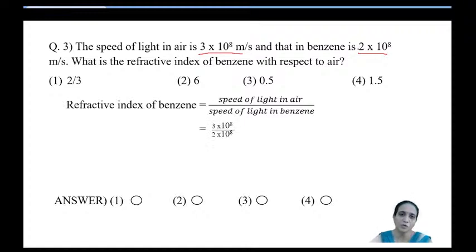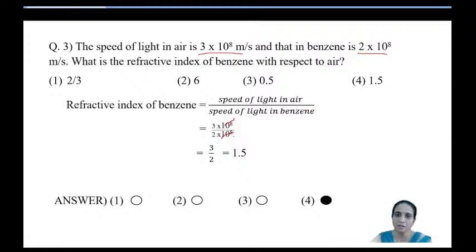We'll put the values over here. 10 raised to 8 and 10 raised to 8 will get cancelled. 3 upon 2, and when we do the calculation you get the answer 1.5. That is, your fourth option is the correct answer.